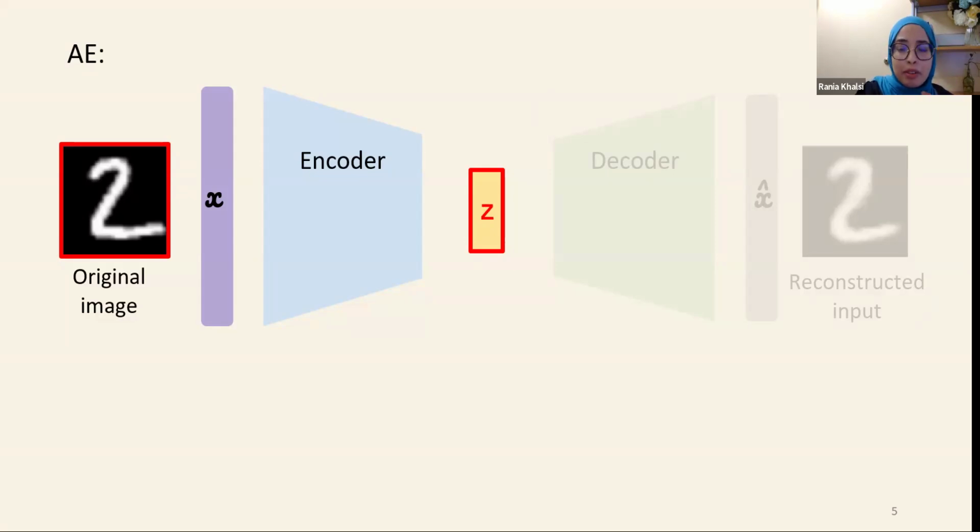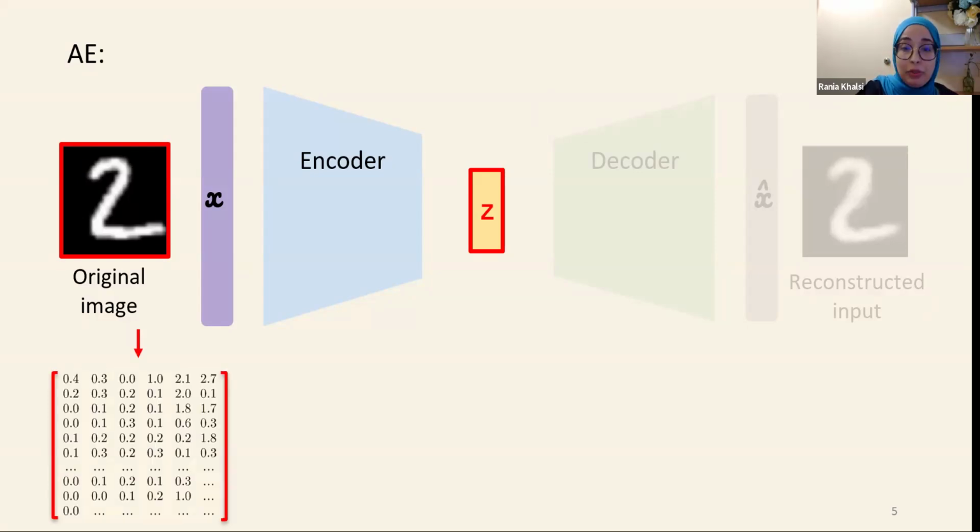Think about the dimensions of the input image, that number 2, the original image. Last time, we saw how computers see images. So how does it see number 2? Mainly, the computer sees that as a matrix, and that matrix stores every single pixel as a value.